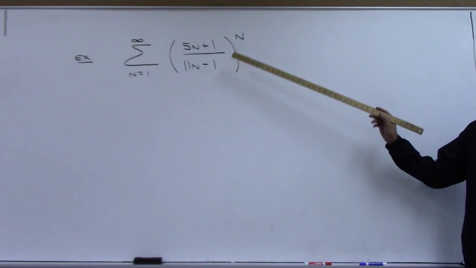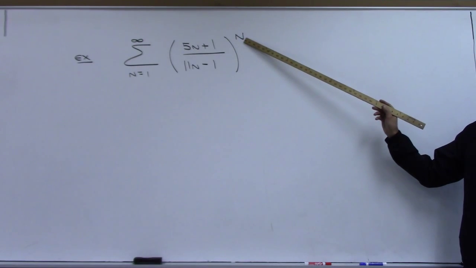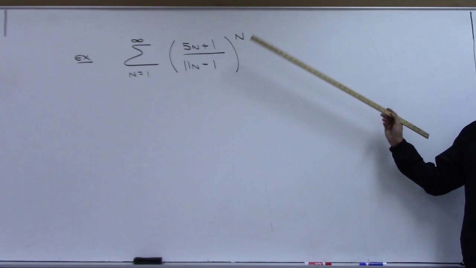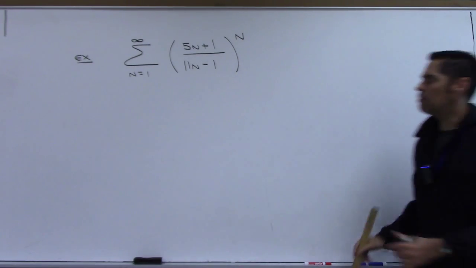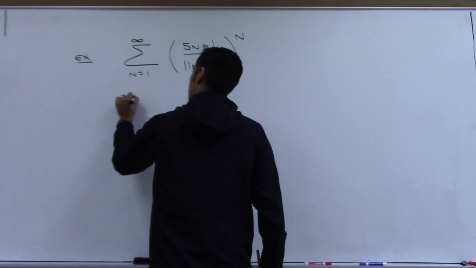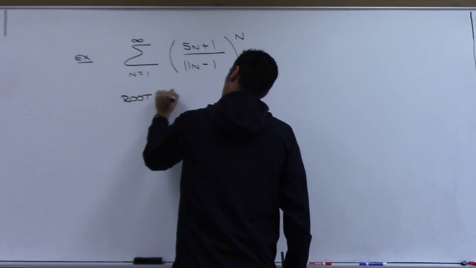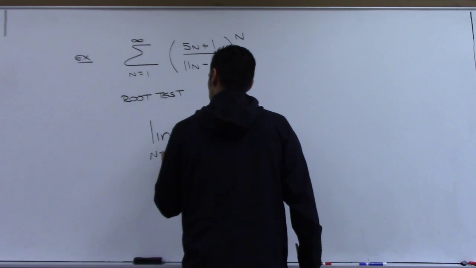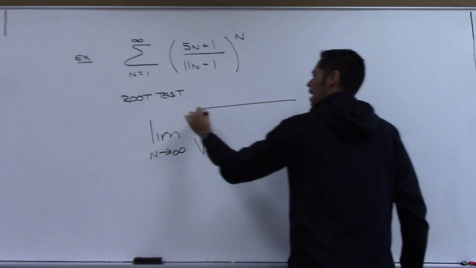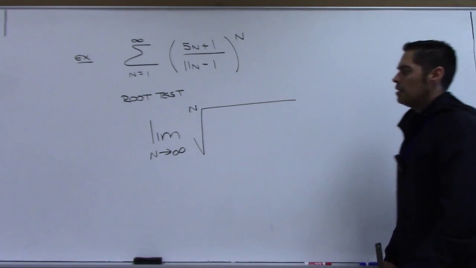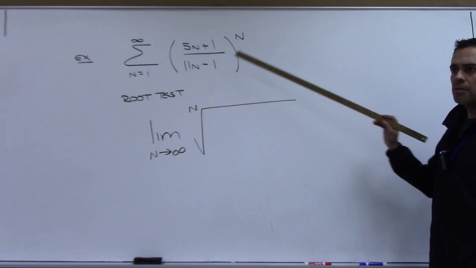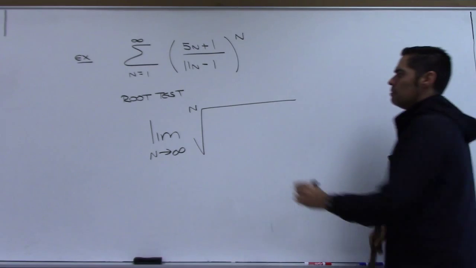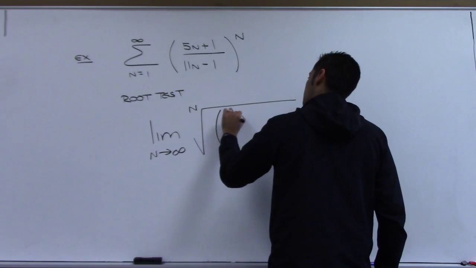And do you see what happens if I take the nth root of something to the nth power? It just goes away, doesn't it? So what I'm going to do here is the root test. I'm going to take the limit as n goes to infinity of the nth root of the absolute value of this. I don't need the absolute value because that's already positive.